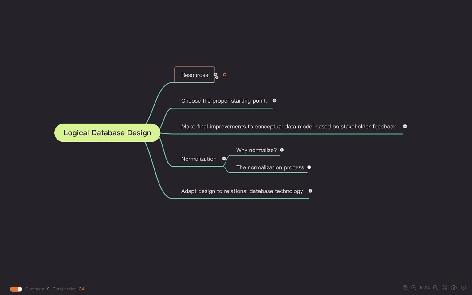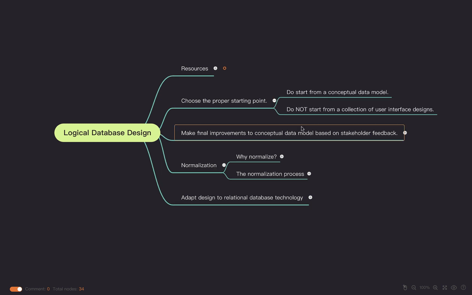Then they do logical database design. Then they do physical database design. So this is the middle step. If you're going to do a step like this, you have to pick the right starting point. So here's my point of view on that. Start with conceptual data modeling.